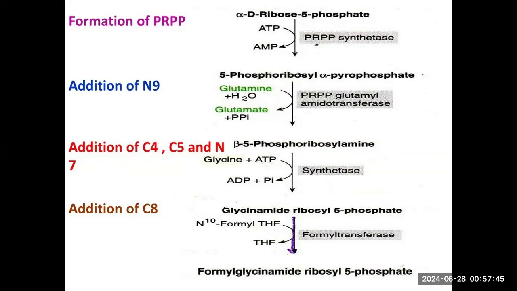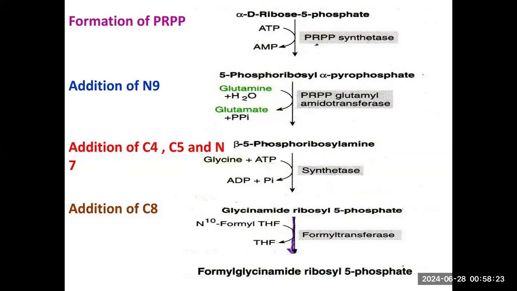Then, on phosphoribosyl pyrophosphate, the first nitrogen atom is added, donated by glutamine, which is converted into glutamate by the action of the enzyme PRPP glutamyl amidotransferase, and we get the formation of 5-phosphoribosyl amine. It means we are adding the nitrogen number 9 of the purine ring.